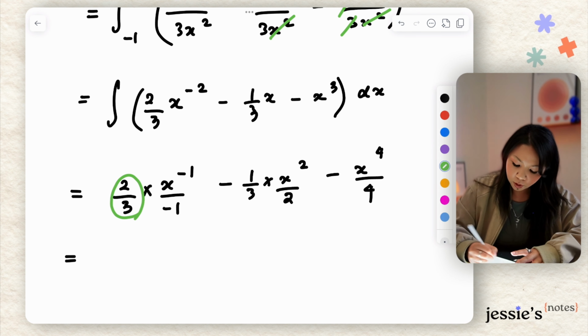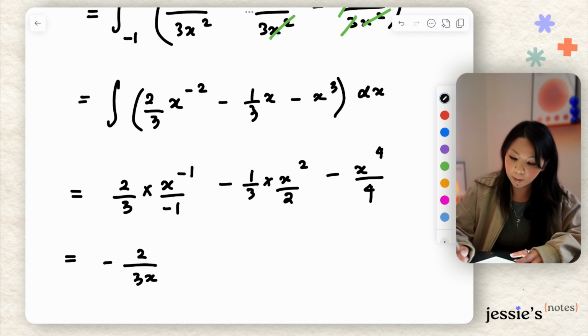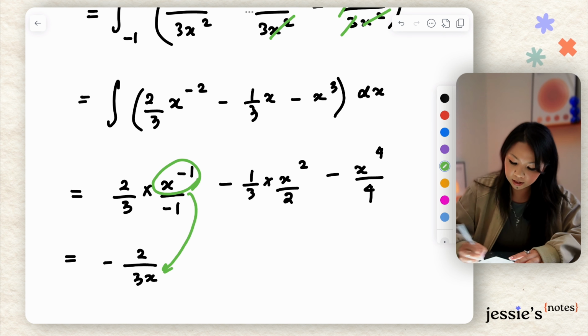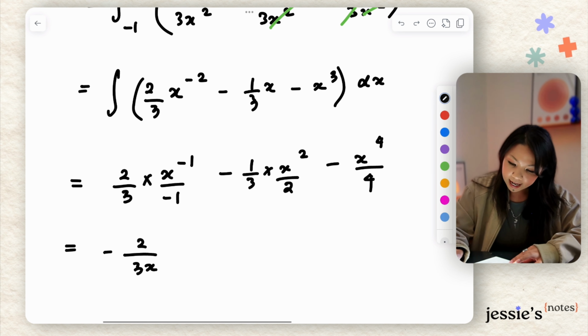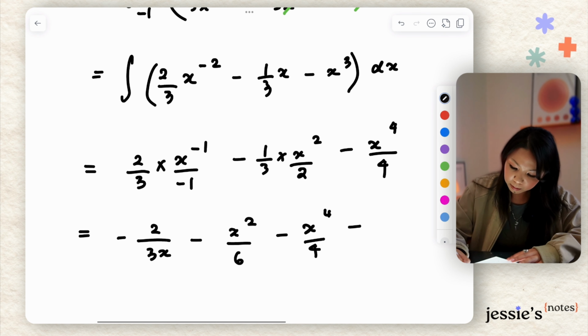If I have 2/3 times -1 down there, we get -2/3, and I'm going to write x on the denominator, so with a positive power instead. Then we have -1/6 x squared. How about we write it as a singular fraction, -x squared on 6, and then this is just -x to the 4 on 4 plus c.